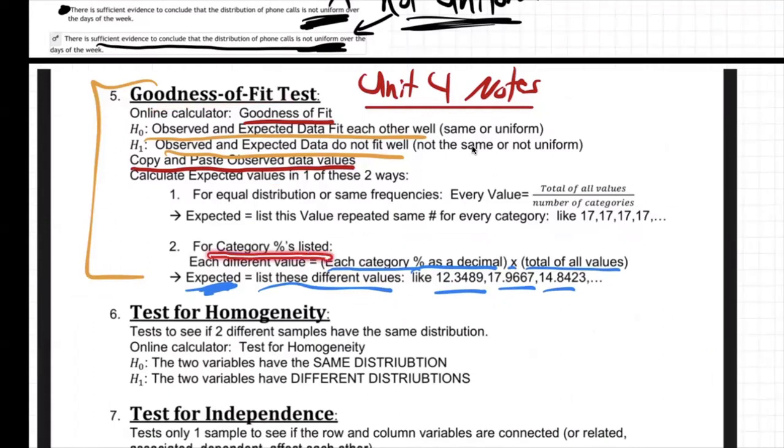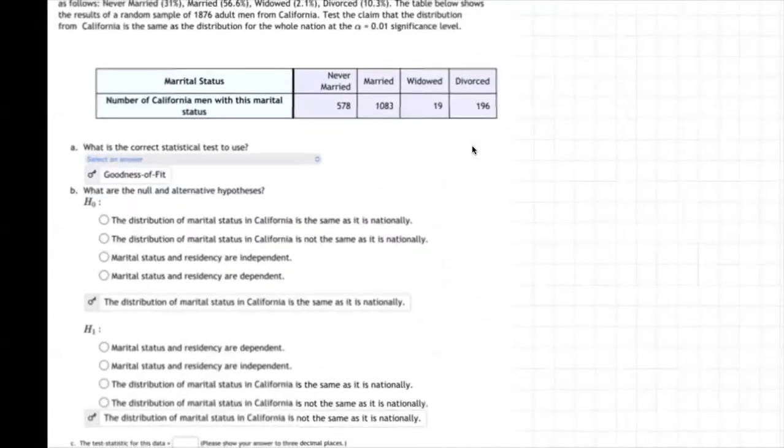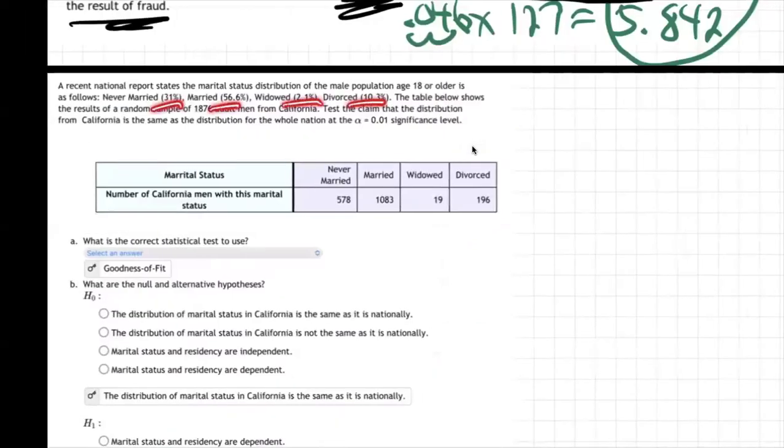We have category percentages, right? It said married, not married, divorced, widowed. That's goodness of fit: category percentages. So this is a goodness of fit test, because we've got these different category percentages.